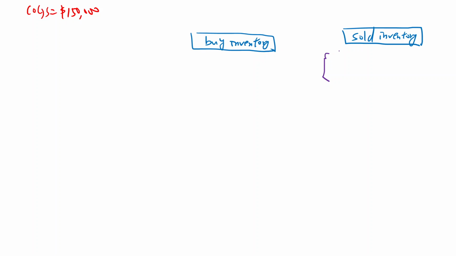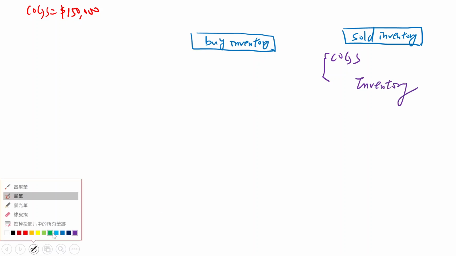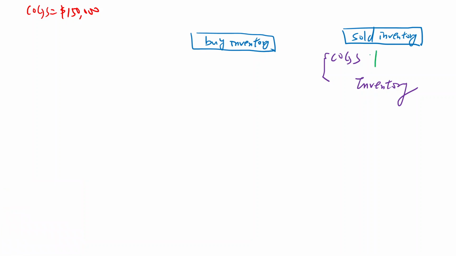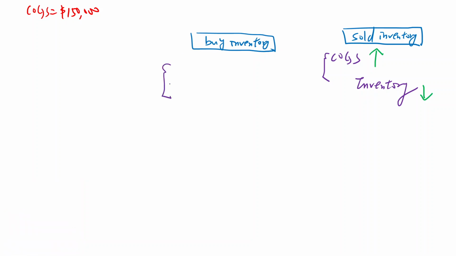Sold inventory, inventory decrease, cost of goods sold increase, right? So cost of goods sold increase, inventory decrease. How about when you buy the inventory? When you buy the inventory, you will have inventory increase, but you didn't pay the money yet, so your accounts payable increase, right?